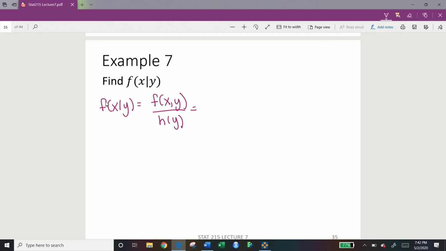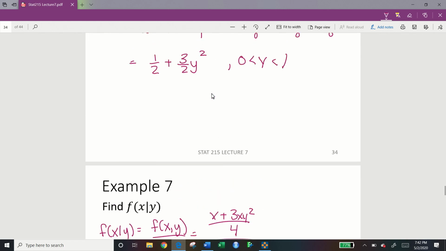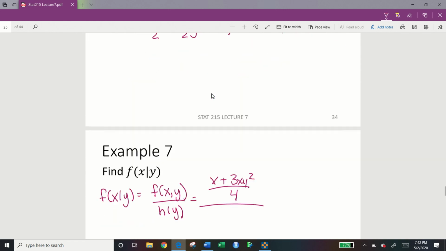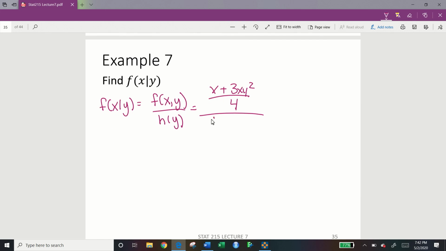Thanks to our previous work, this is really just a matter of plugging in and simplifying. So this will be x plus 3xy squared all over 4, over our h of y, which we found in slide 34, which is 1/2 plus 3/2 y squared.